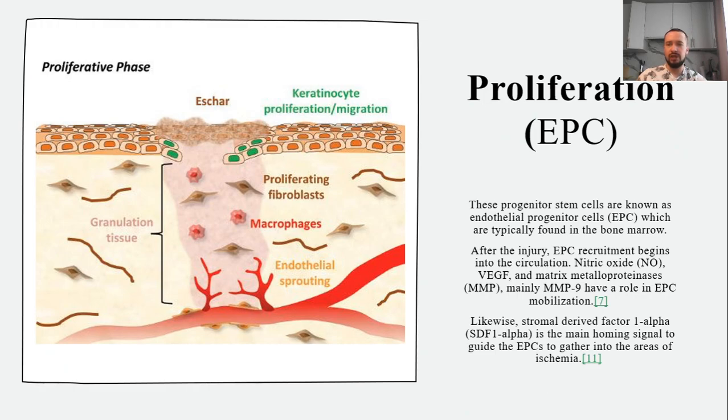After the injury, EPC recruitment into the circulation begins. Nitric oxide, VEGF, and matrix metalloproteinase, mainly MMP9, have a role in EPC mobilization. Likewise, stromal-derived factor 1 alpha is the main homing signal to get the EPCs to gather into the areas of ischemia.